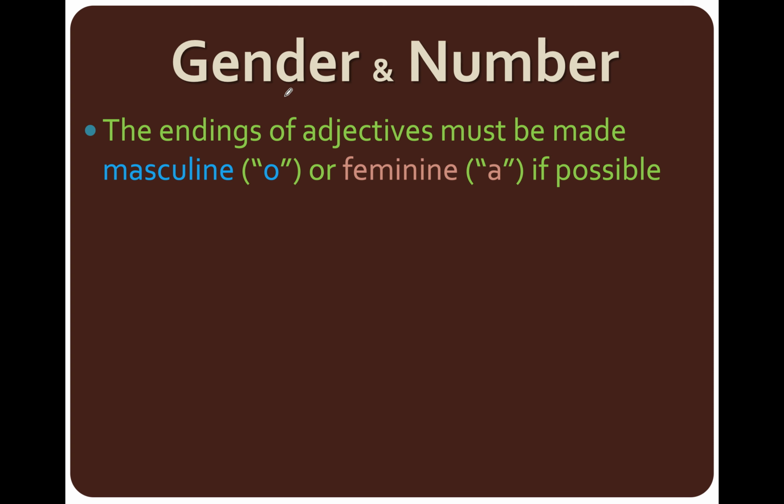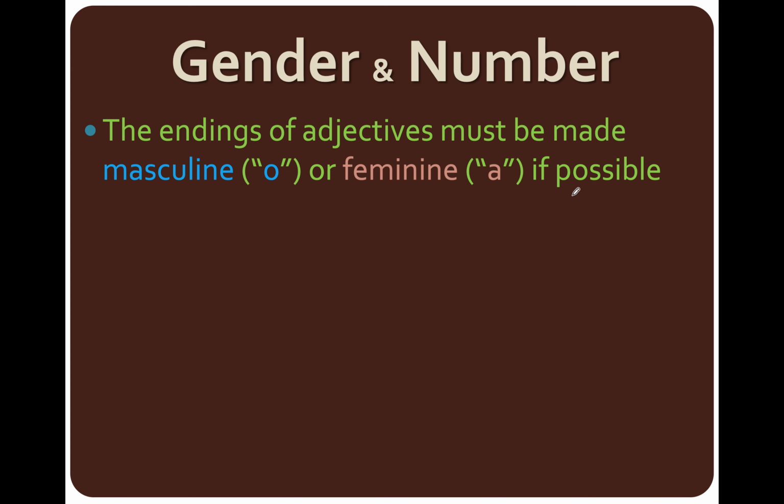All right, so that's what these notes are all about, just to remind us of those rules and do some practice. The endings of adjectives must be made masculine by changing the ending to an O, or making it feminine by changing it to an A, if possible, of course.